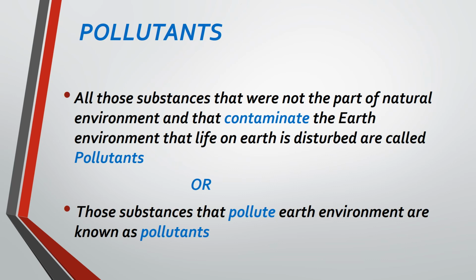Any material that pollutes, that contaminates, that disturbs life, that contaminates the environment in any way, is called a pollutant. Or we can define pollutants as those substances that pollute the earth environment, that make the earth environment dirty, are known as pollutants.